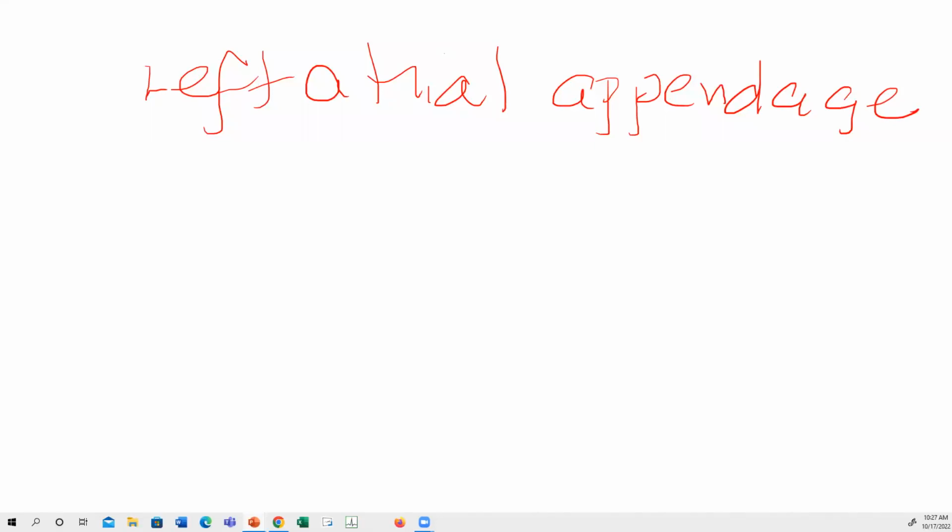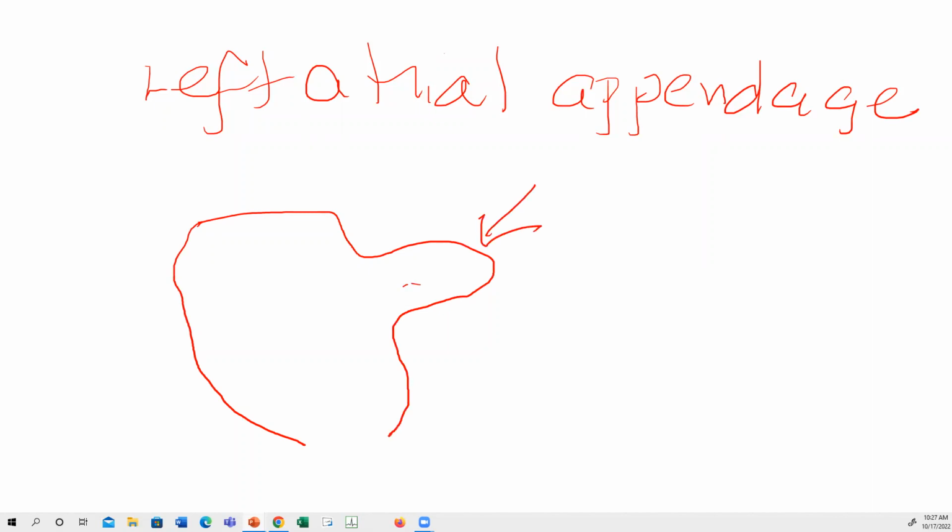So what is this appendage? If I were to draw the atrium, the left atrium has this thing like this, all right? And this is what's known as the appendage. So when blood is inefficiently moving over here, or the contraction of the atria is not present, it's most likely that blood clots can form right over here.